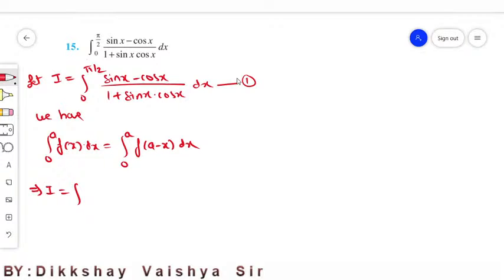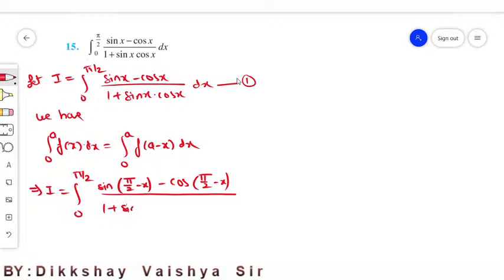I is equals to integral 0 to pi by 2 of (sine of pi by 2 minus x minus cos of pi by 2 minus x) upon (1 plus sine of pi by 2 minus x into cos of pi by 2 minus x), which is equivalent to integral 0 to pi by 2.